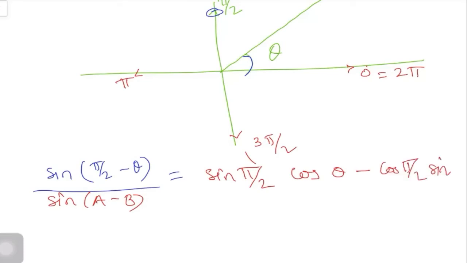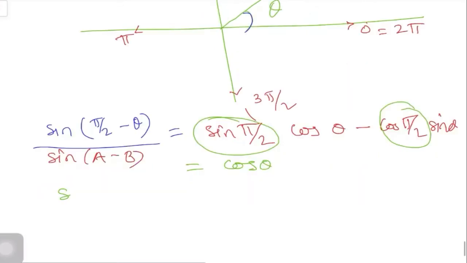But since cos pi/2 is 0, and 0 times anything is 0, and sine pi/2 is 1, it becomes just cos theta. It will give you the value as cos theta. So wherever you have sine of pi/2 minus theta, we can rewrite it as cos theta.